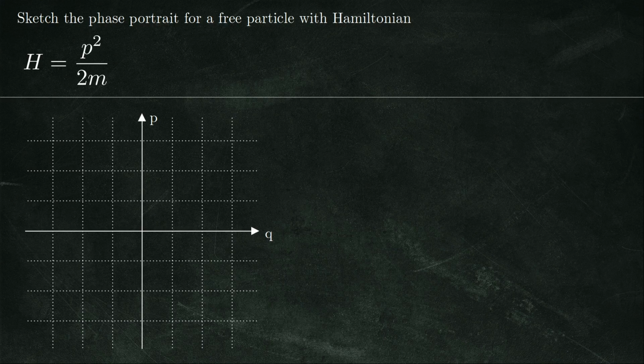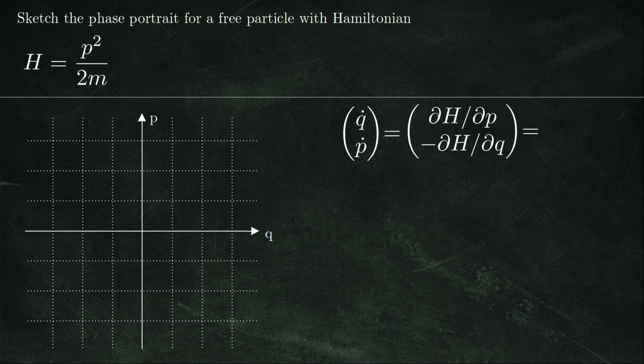And then we need to calculate our vector field. So our vector field, q dot, p dot, is given by Hamilton's equations. Then this is given by p over m, 0. We just do the derivatives. So now we can start plotting it. If we look at the origin, p is 0, q is 0, and so the vector is just 0, 0.